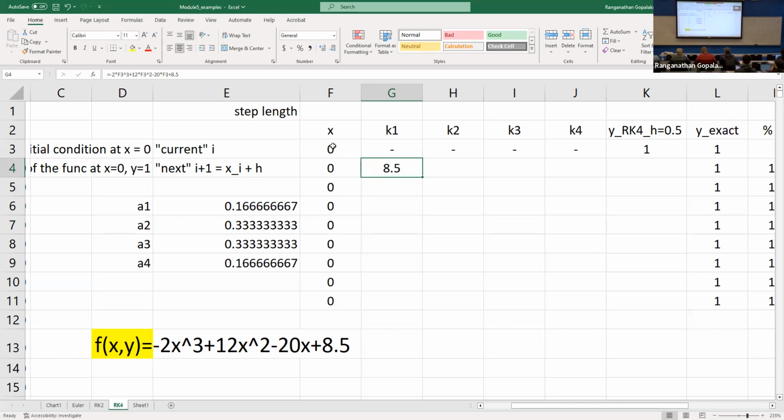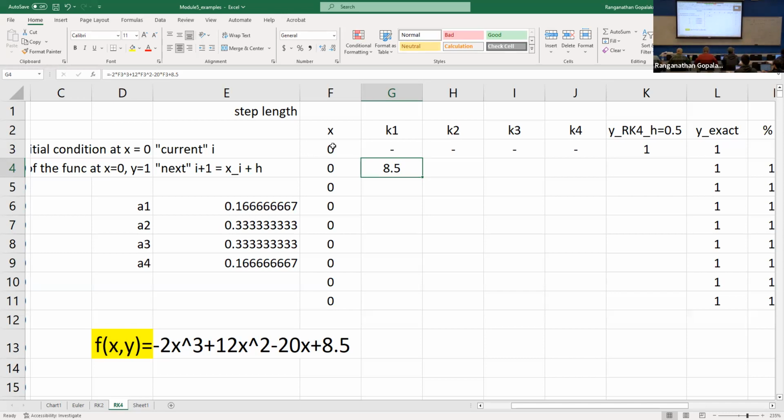So go ahead, compute K2. What is K2? K2 is the same function evaluated at x plus half h and y plus half K1 h. For our problem, the y part doesn't come into play today, but you have to evaluate at 0 plus half h.